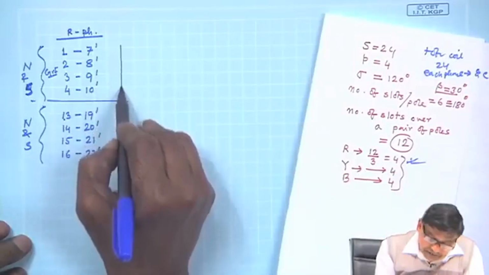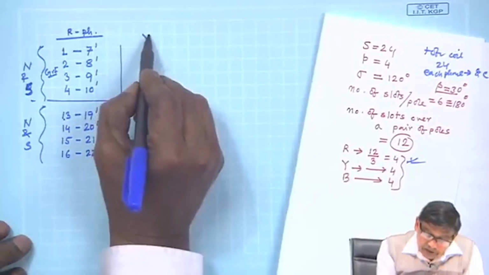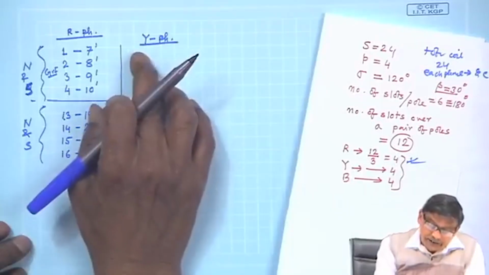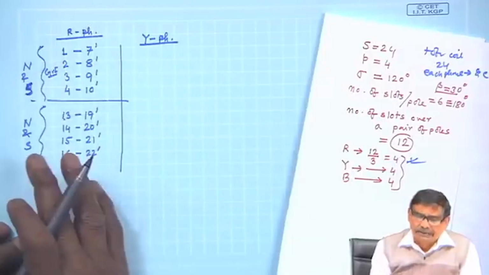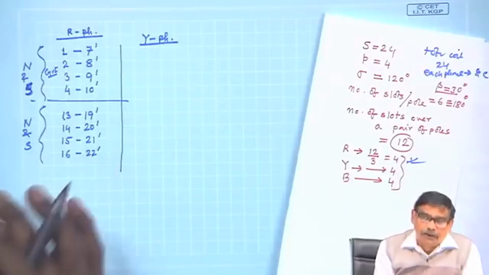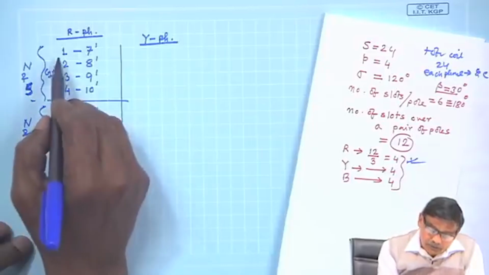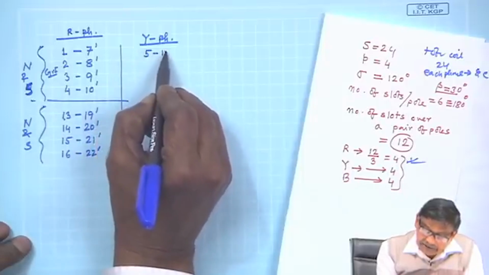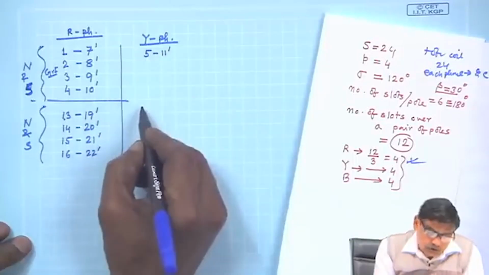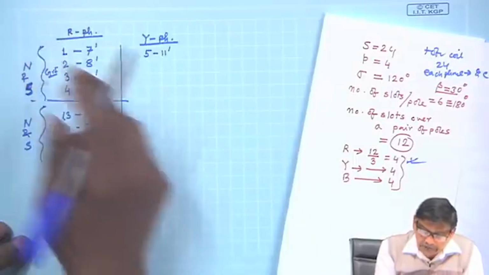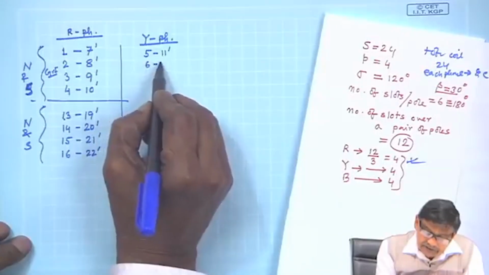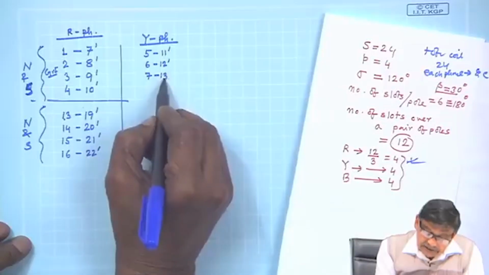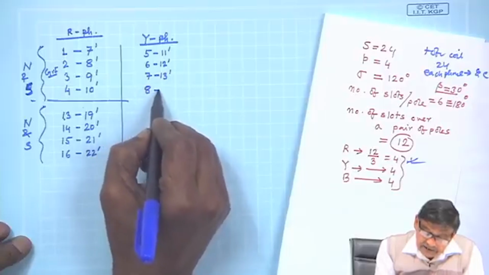Similarly, Y phase beginning will be 120 degrees apart, that has not changed, that has to be complied with always. So, 1 plus 4, that is 5, and then 11 dashed, and once you get this, then 4 coils under this pair of poles. So, 5, 6, 12 dashed, 7, 13 dashed, and 8, 14 dashed.